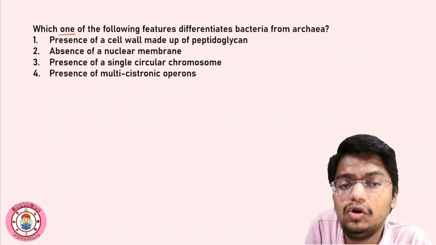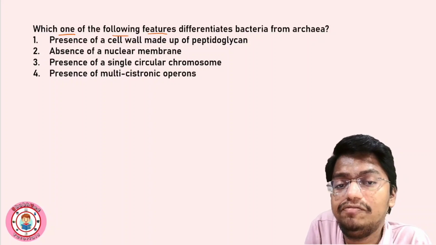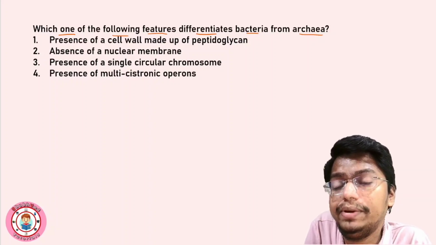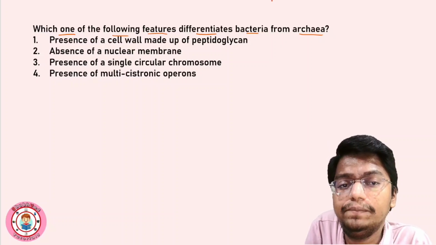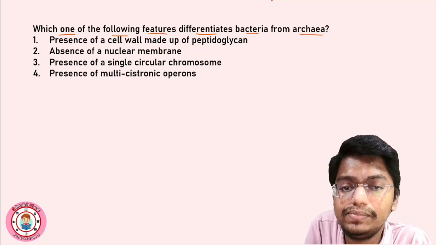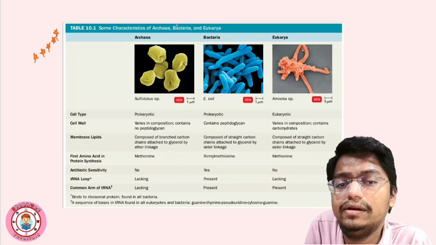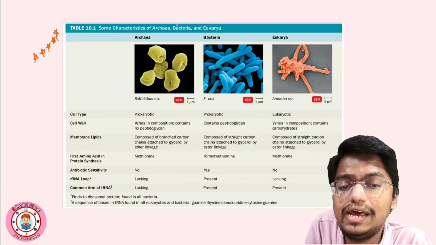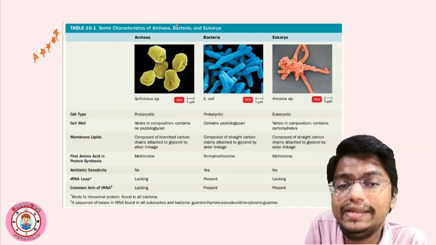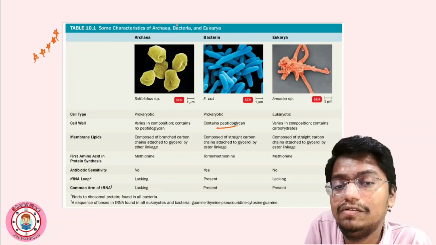Which one of the following features differentiates bacteria from archaea? And this is also a very repeating question. Bacteria versus archaea has been asked many times, so there is a table for it too. I will show you these tables. Okay, very important. Make a screenshot, right? Differences are asked. So bacteria have peptidoglycan, which is not there in archaea and eukarya.